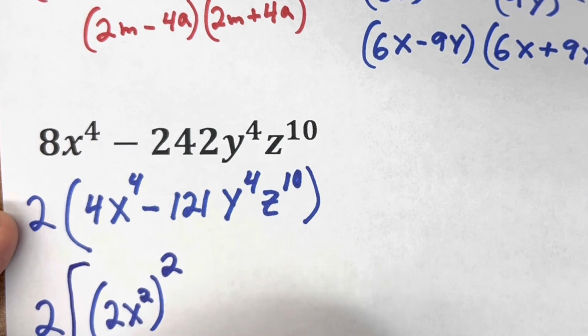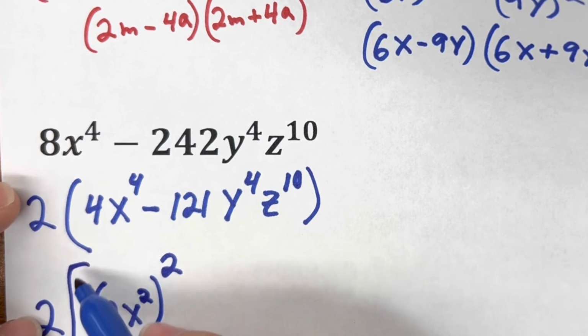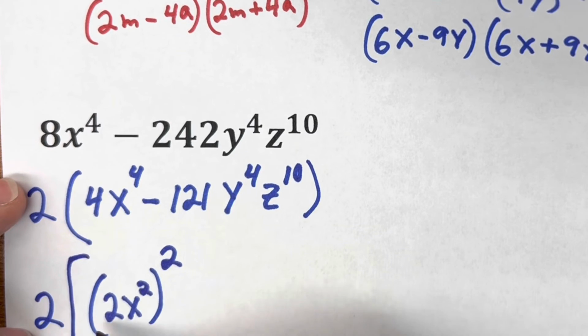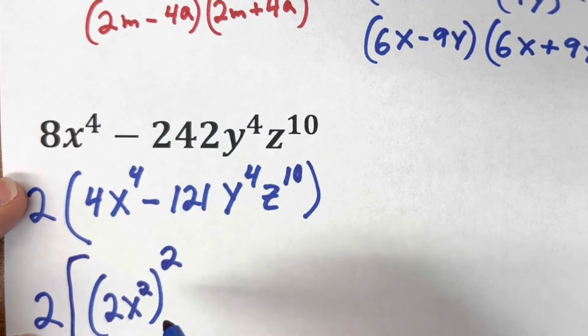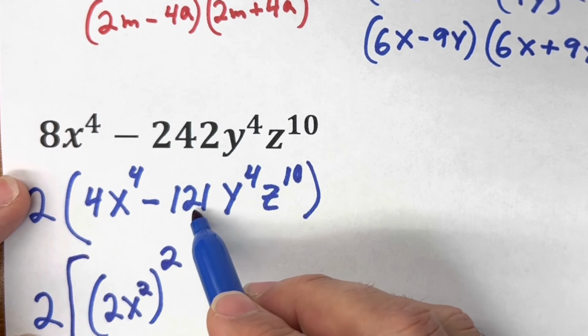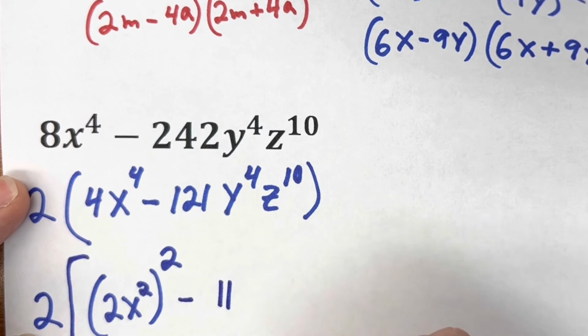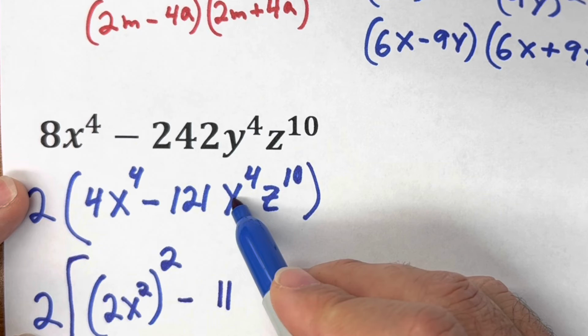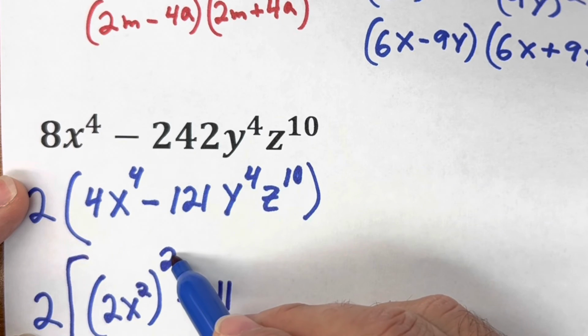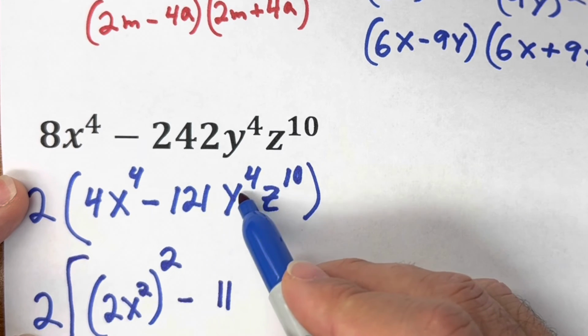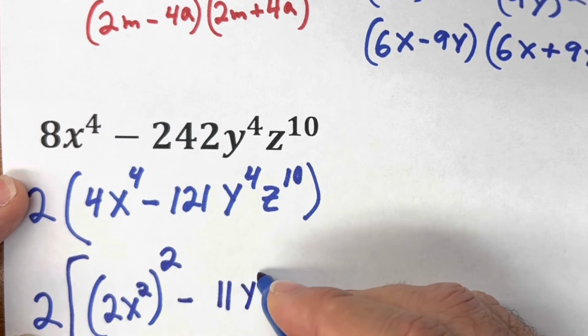So I'm going to put here a bracket. This is like a parenthesis, but it's different, so you can see the difference. 121 is 11 squared, so I will do minus 11. Y to the 4, because I need an exponent of 2 on the outside, I would take y squared.